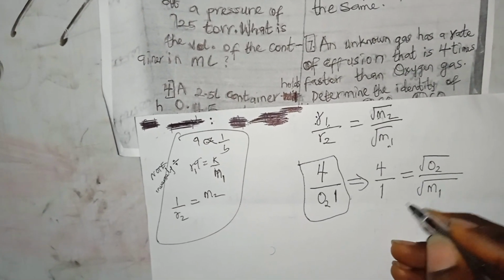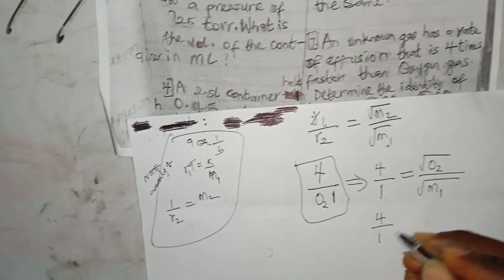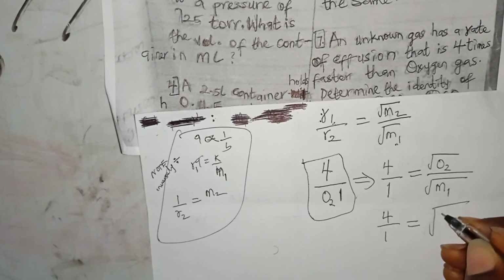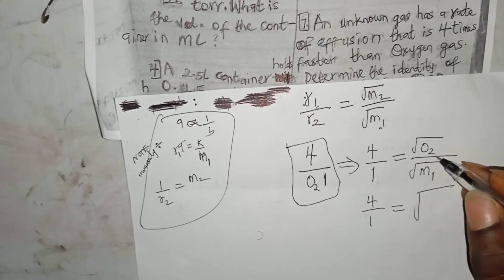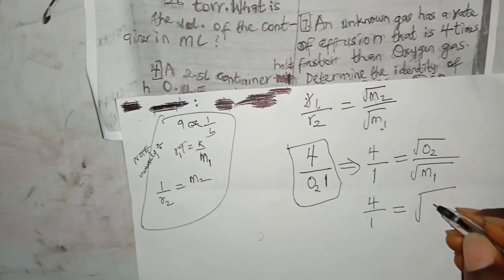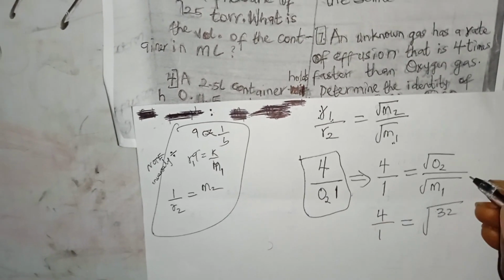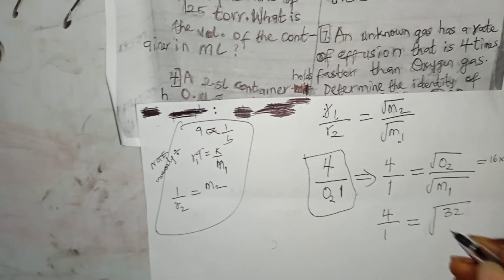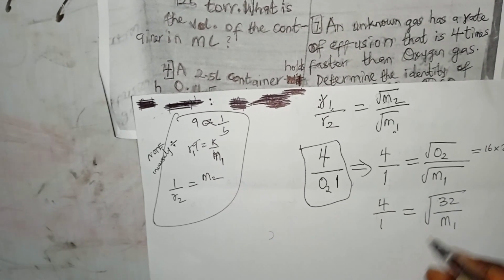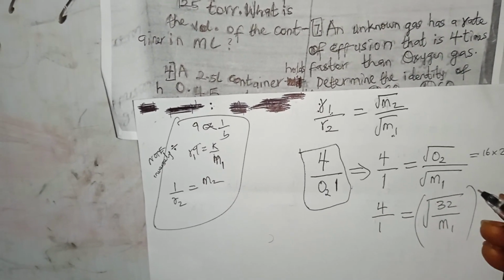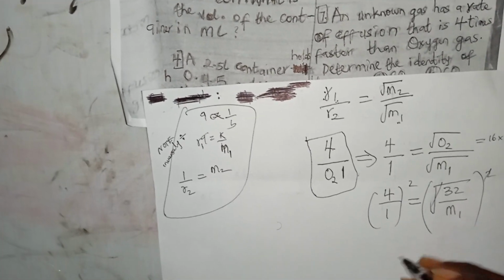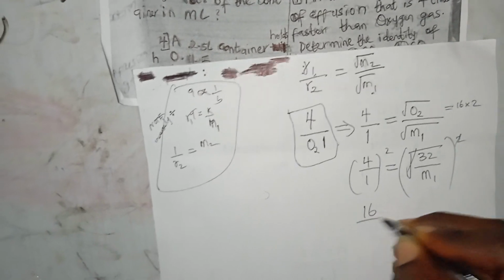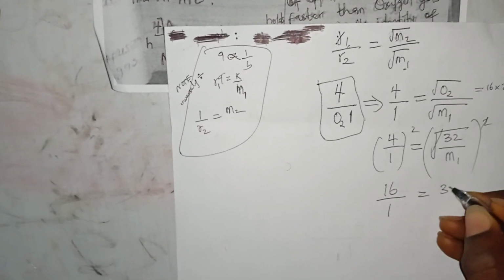When you do this cross multiply, it is 4 over 1 equals the square root of oxygen gas, O2. The atomic mass of oxygen is 16, times 2 molar mass gives 32, all over M1. So take the square of both sides to cancel the square root. So this becomes 16 over 1 equals 32 over M1.